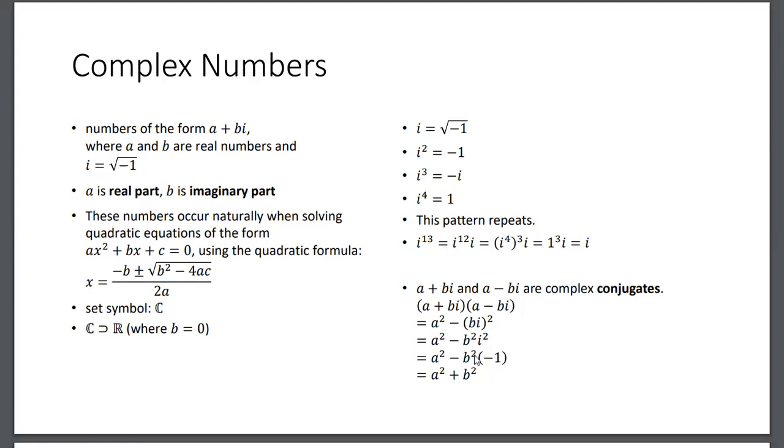That's a squared minus b squared times i squared, and i squared is -1. Negative times negative is a positive. So when you multiply the conjugates, you get a squared plus b squared. Because of the i being squared, a difference of two squares comes out to be a sum of the squares of the real and imaginary parts.